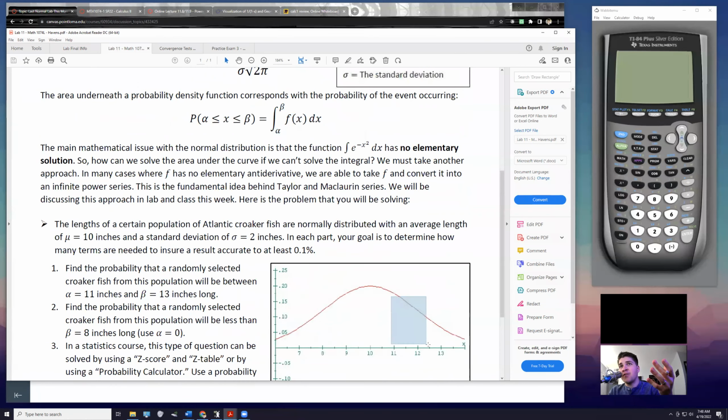Basically, the area under the curve will tell you the probability. So that's what we would need to figure out. If we want to solve question one, I need to find the area under the curve, aka the integral of this function. So here's the problem.